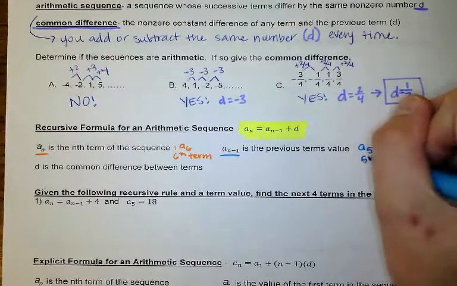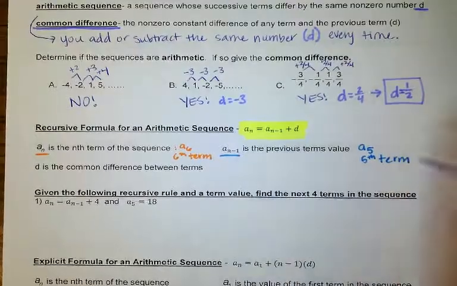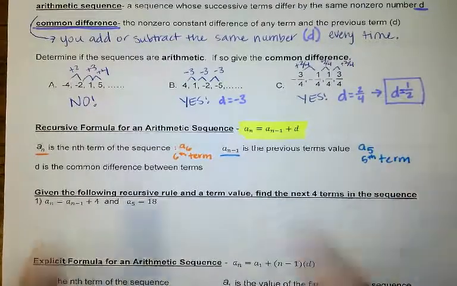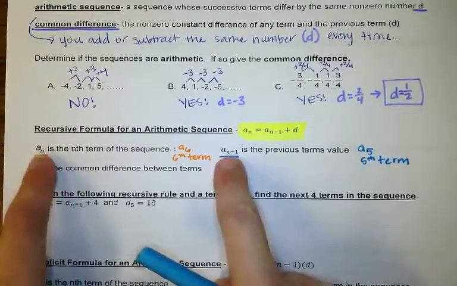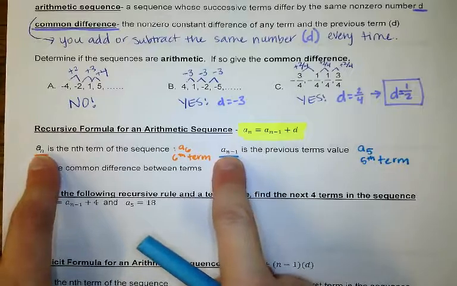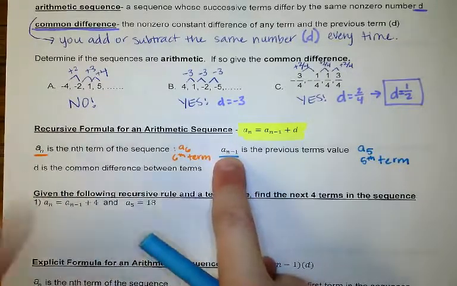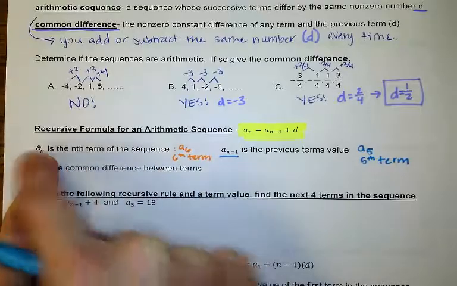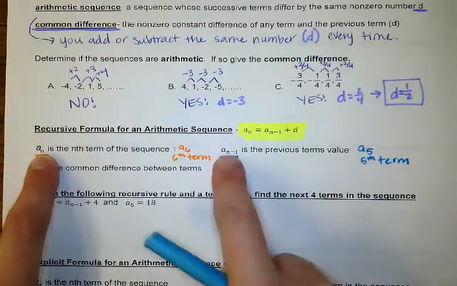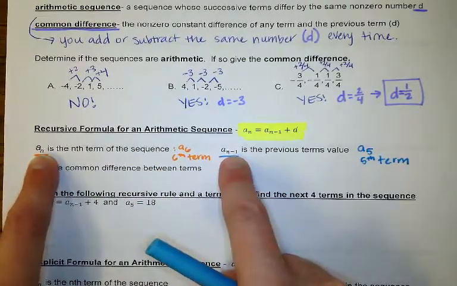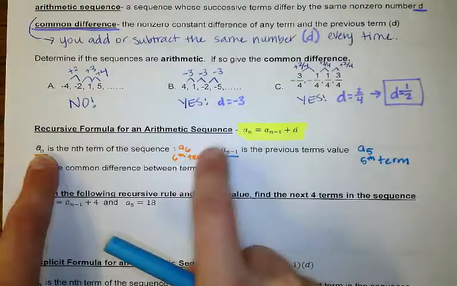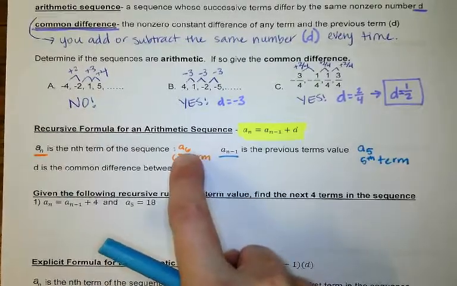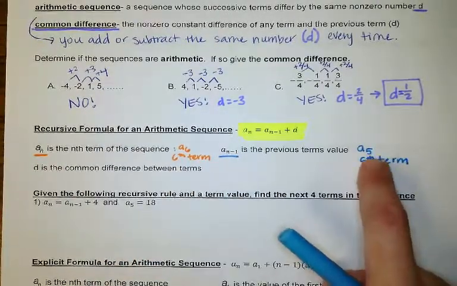A big reason we're talking about these is because I don't want you to be scared off by this notation. A sub n just means whatever term the n is. A sub n minus 1 means whatever term is in front. So if we start with a sub 6, a sub n minus 1 is a sub 5.